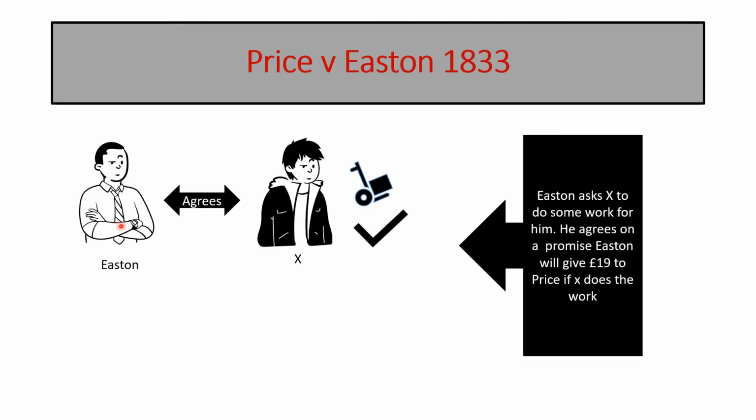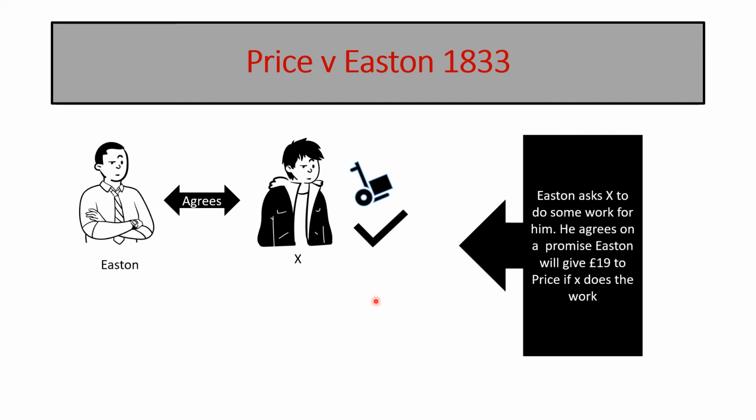So here's a picture of Easton, and here's a picture of X. Easton agrees with X that X does some work, which we've shown to be manual work in this case, and that's what the tick means.